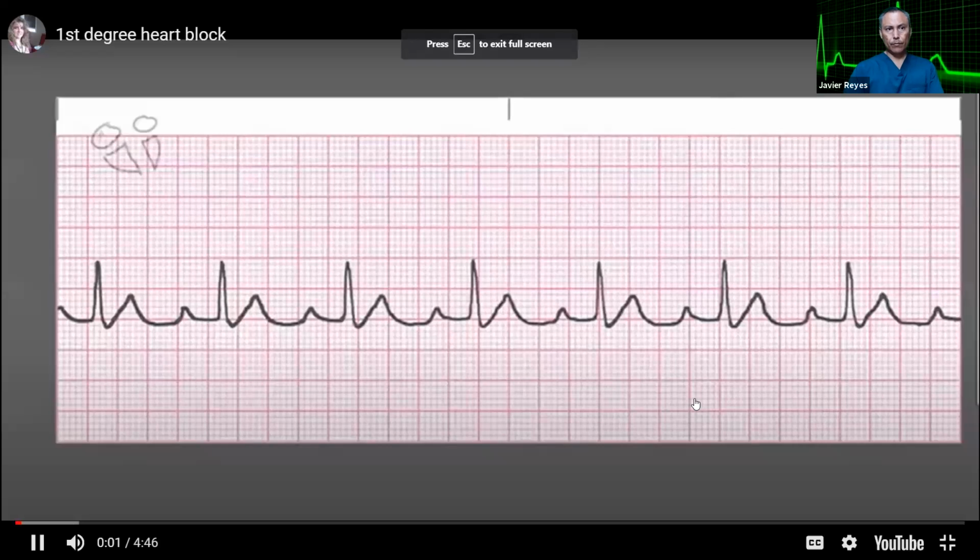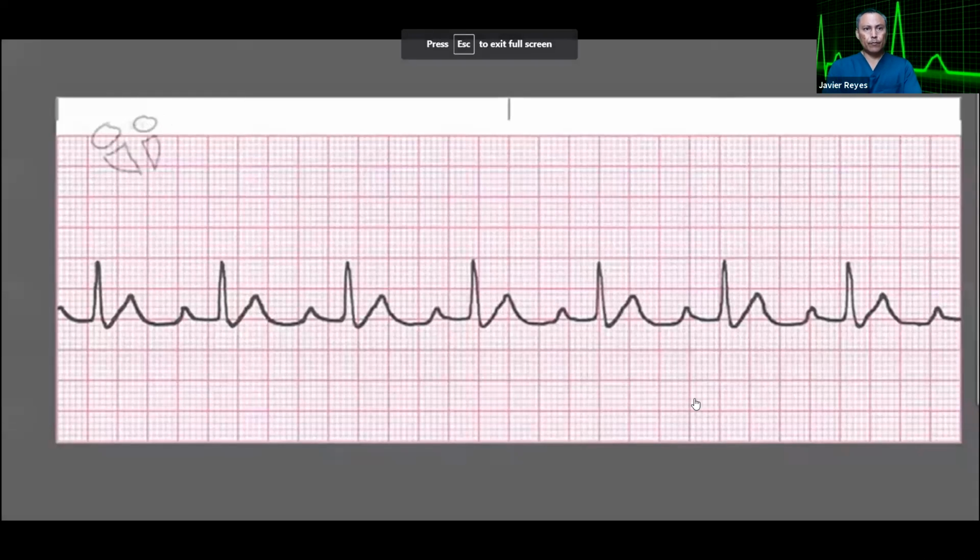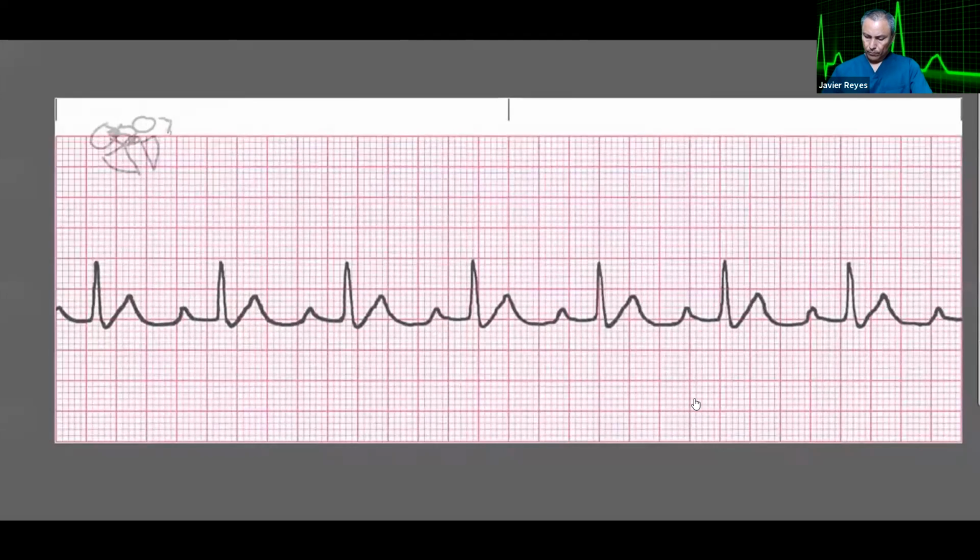Okay, everybody, this section is still referencing the actions of the AV node and the bundle of His. So we're still talking about the issues that occur between the atrias and then the ventricles. So we're talking about that junction.